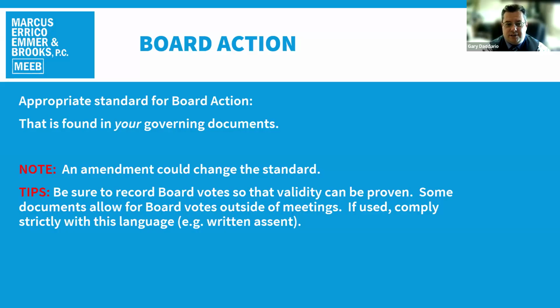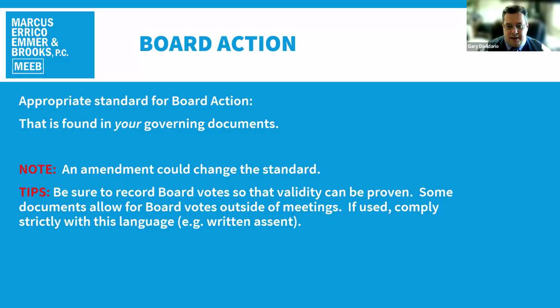Some associations have documents that allow for board votes outside of meetings. If that provision is used, you want to comply strictly with that language. In other words, most often, if the governing documents give the board the ability to make a decision outside of a board meeting, that sentence goes on to say, provided that at the next meeting, all board members submit written assent to what was done, something along those lines.